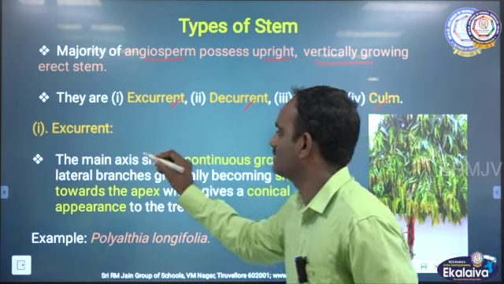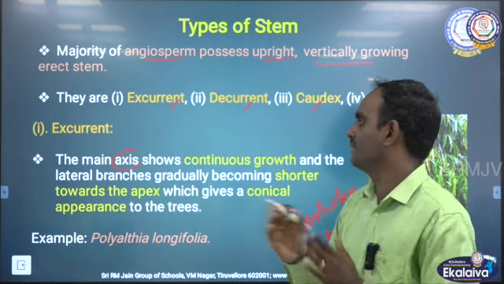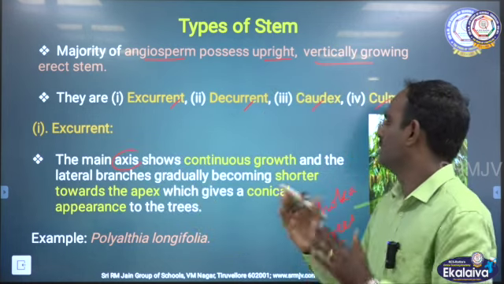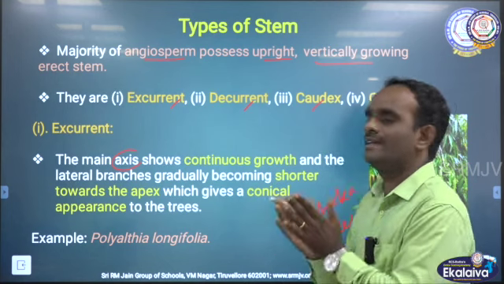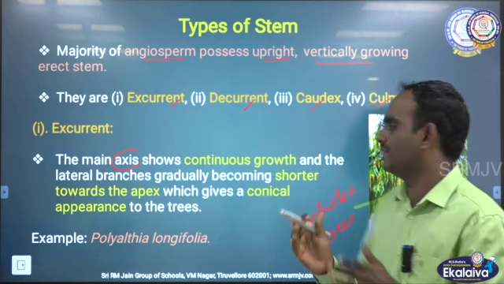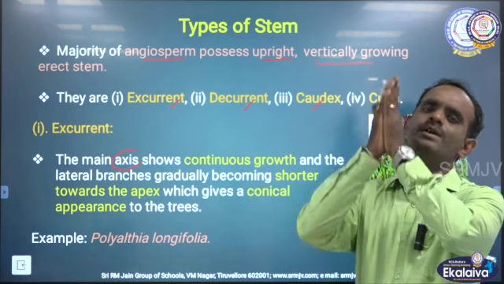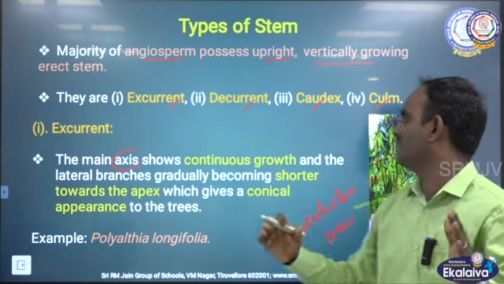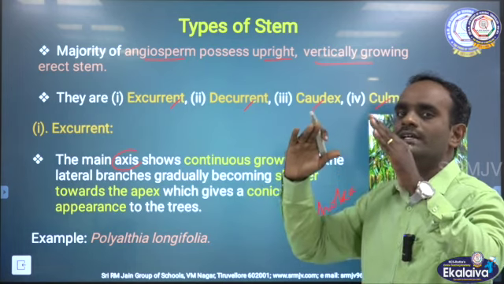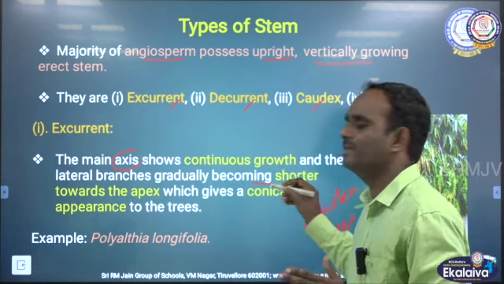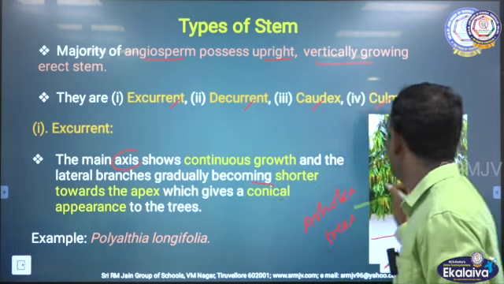The main axis is nothing but the stem. It grows continuously, and the lateral branches become shorter. See the picture here. The main stem grows continuously. The lateral branches gradually become very short towards the apex.